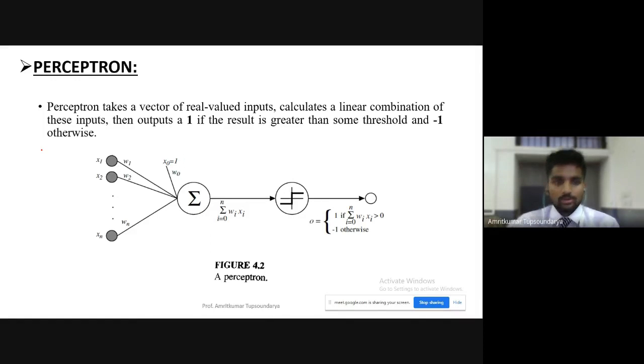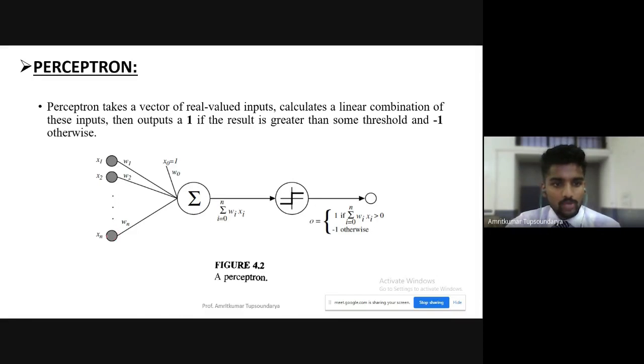So what is a perceptron? It is basically a unit which takes some values. Now, what are these values? Here a perceptron takes vector values, a vector of real valued inputs. As you can see here, these are the different weights we have. Let's say we have the nodes x1, x2, and so on till xn.